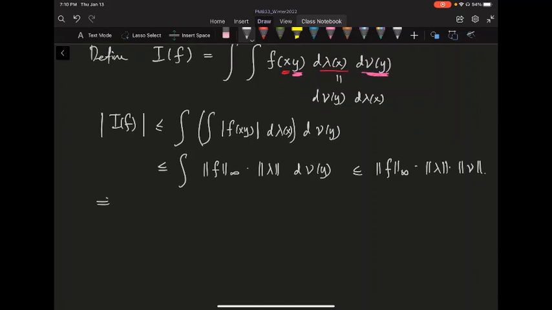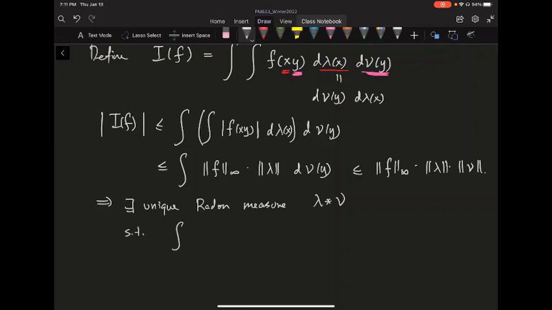So what we have is that there exists a unique Radon measure. Let's call it the convolution. Okay, so there exists a unique Radon measure, let's call it lambda convolved with nu, so that the I function is given by this integral. So the integral of f with respect to this convolution measure equals the I of f.